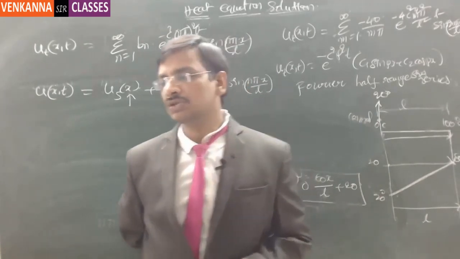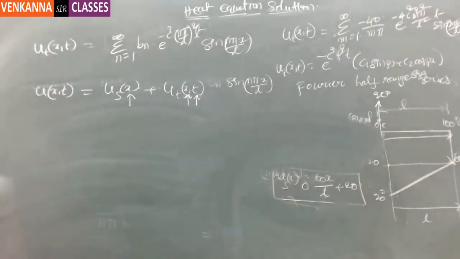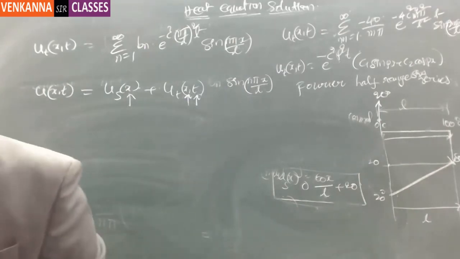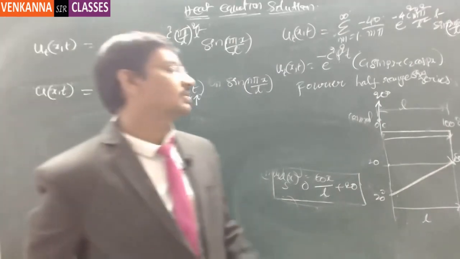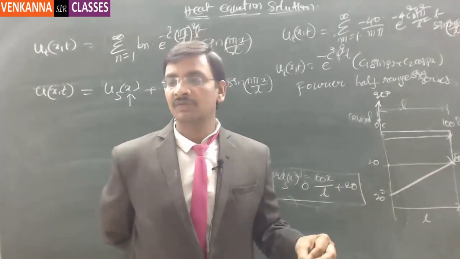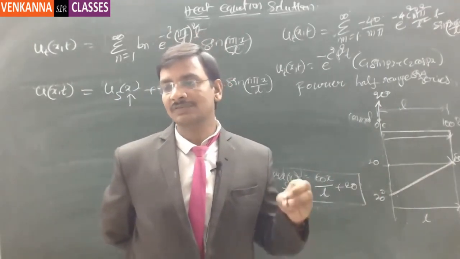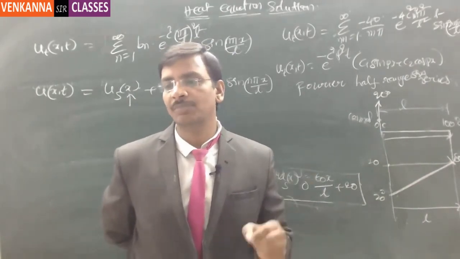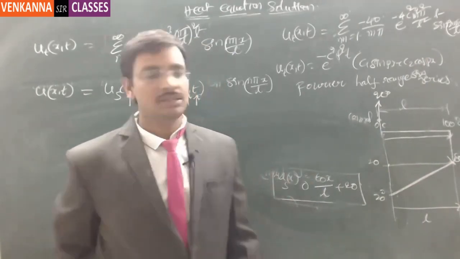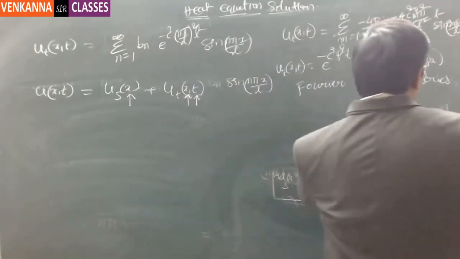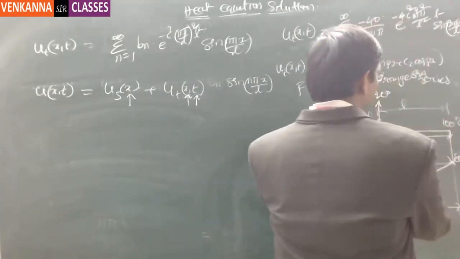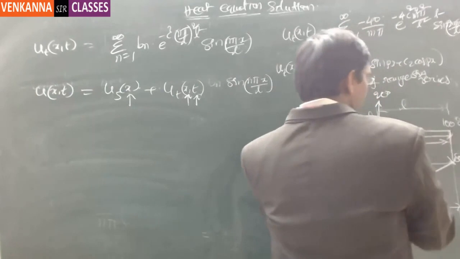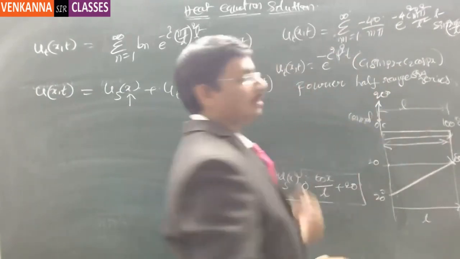By the transient solution we mean the changes that are still happening with respect to time. But in the steady state solution, it is independent of time and depends only on the space coordinates. That means the temperature you see here depends only on the length, not on the time, right?